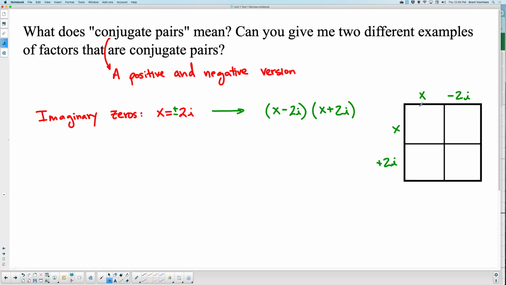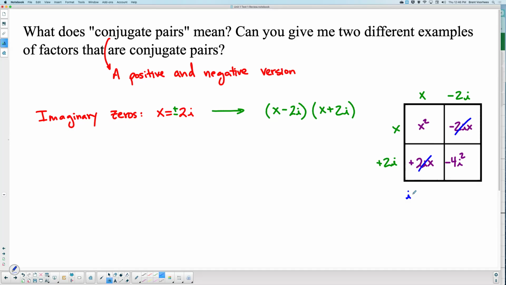What is x times x? X squared. What is x times negative 2i? Negative 2ix. What about positive 2i times x? Positive 2ix. And then positive 2i times negative 2i: minus 4i squared. If you do your math correctly, your i should always cancel out. I see these 2 obviously cancel out, but here we need to remember something.